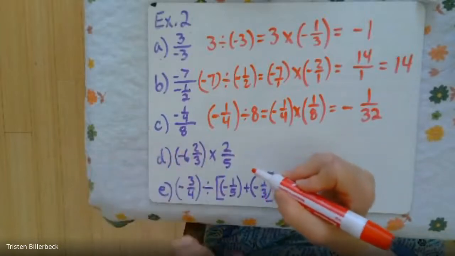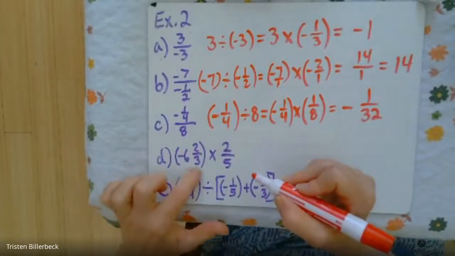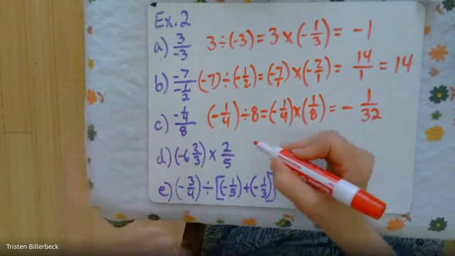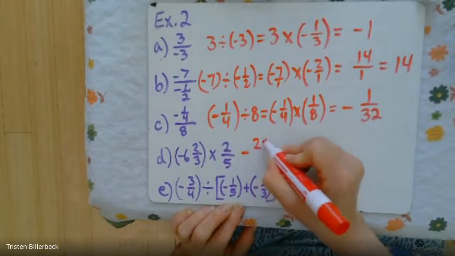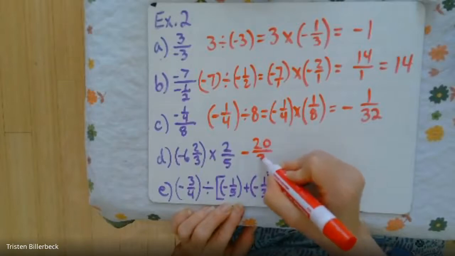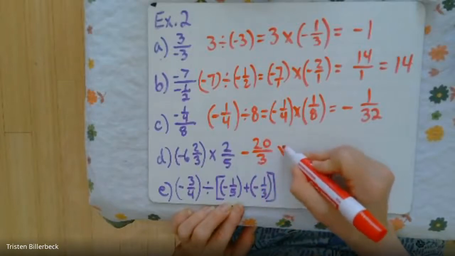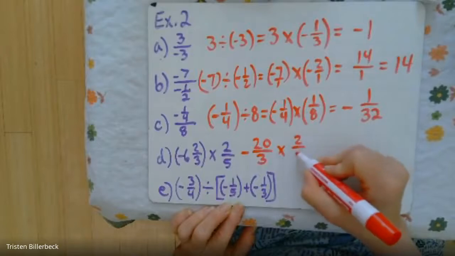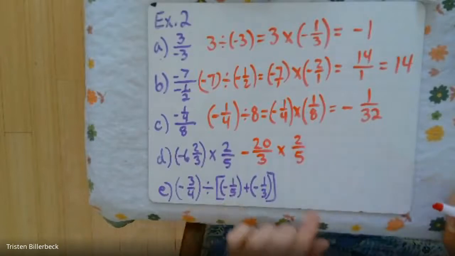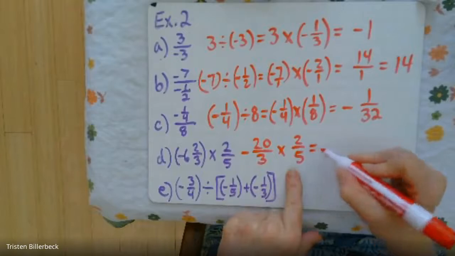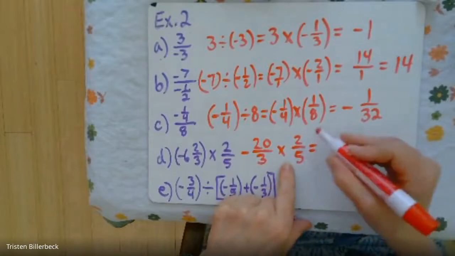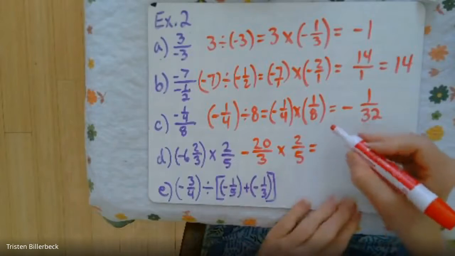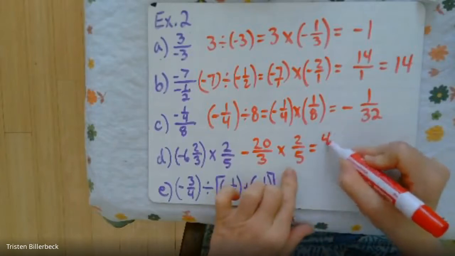So this one we have to make an improper fraction first. So 3 times 6 is 18 plus 2 is 20. So we have negative 20 over 3 times 2 over 5. Okay, so this equals, we could reduce it, but let's just multiply this.